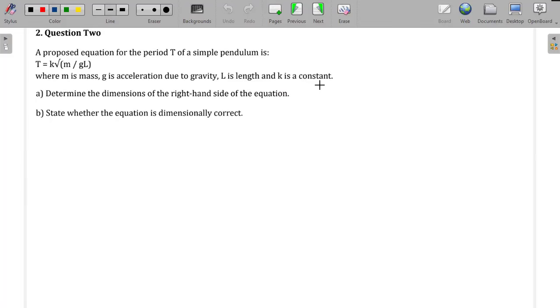Now, they are saying we should determine the dimensions of the right-hand side of our equation. Can we surely fail to do that? No, because they've already given us what is on the right-hand side. The only thing we're supposed to do is find the overall dimensions. Plug in the dimensions for each of these quantities, then simplify your equation so that you come up with your overall dimension.